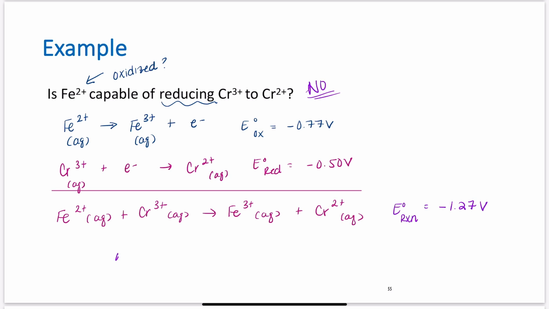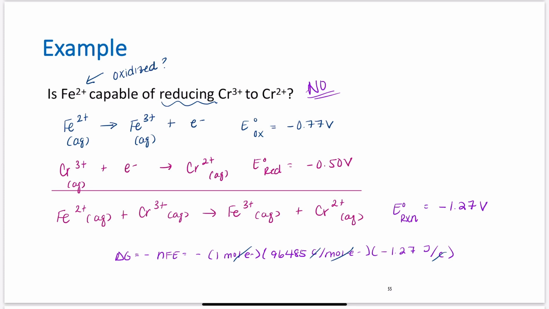If you don't trust me, let's go ahead and calculate it. Negative nFE, 1 mole of electrons transferred. Faraday's constant, 96,485 coulombs per mole of electrons transferred. And your cell potential, negative 1.27 volts, is negative 1.27 joules per coulomb. Moles of electrons cancel, coulombs cancel, I'm left with joules. Let's go ahead and plug this in.